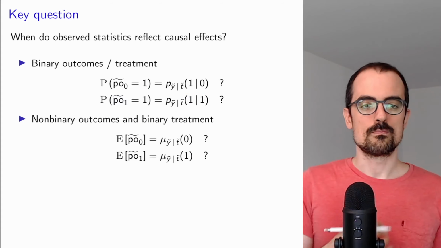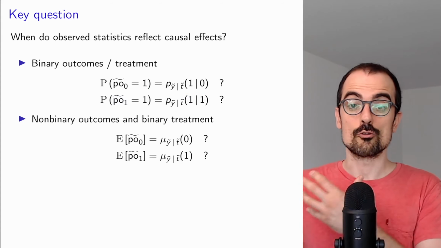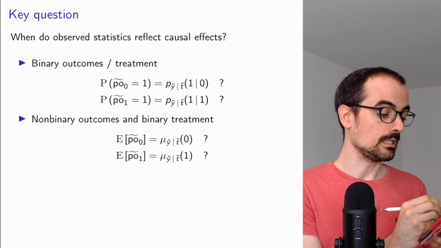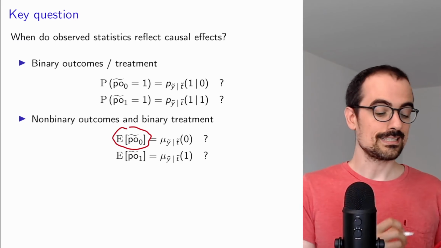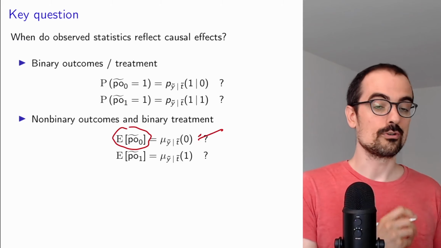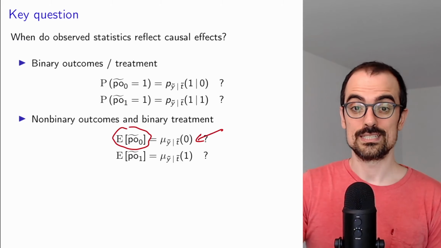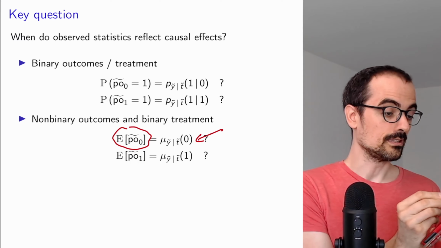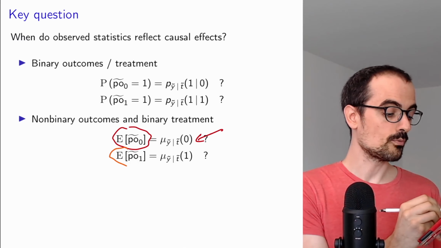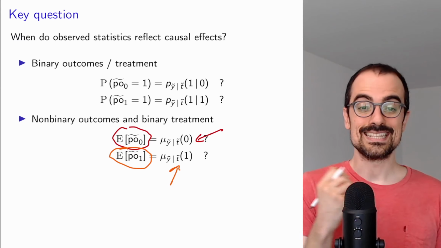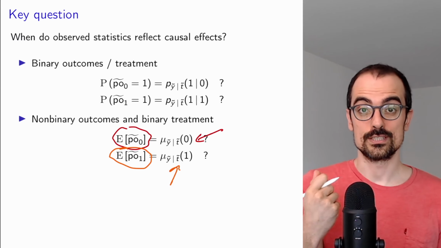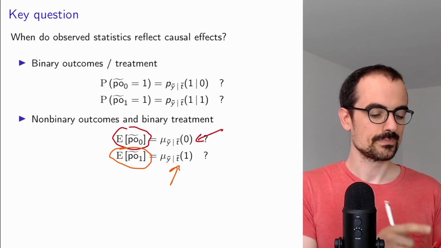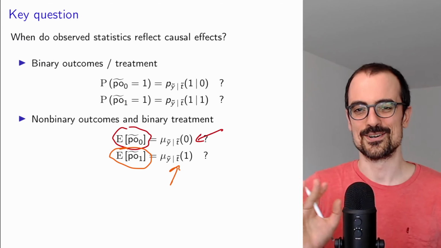In the case of non-binary outcomes like the grade example, when can we say that the average grade in the alternative reality where nobody is receiving private classes is the same as the average grade for the students that did not receive private classes? When is the average grade in the alternative reality where everyone receives private classes the same as the average grade for the students that did receive private classes in reality? I use reality too much, okay?